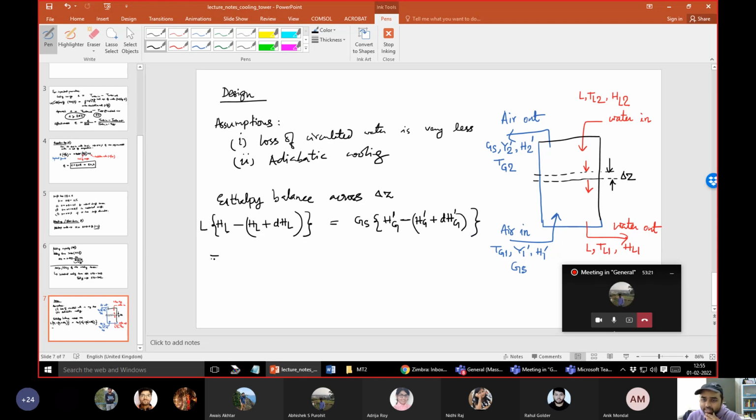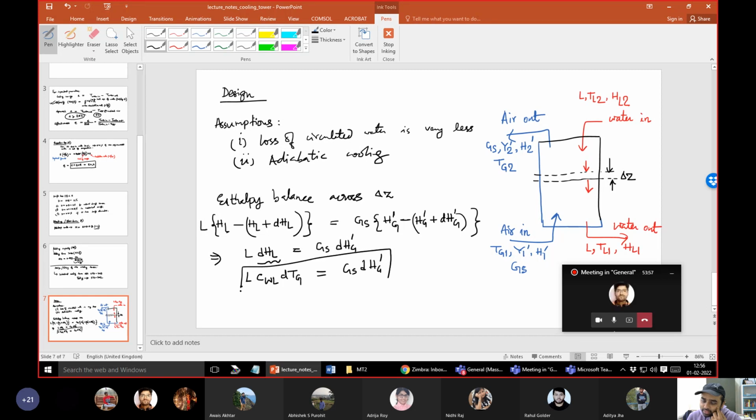Isn't it? Something like this. So what do you get? L dHL is equal to GS dHG prime. Now how can you write this HL? L, you just multiply with the specific heat of water and with the change in temperature. So this is what we can write down, but here it is not so straightforward. So let us write it as GS and dHG prime.